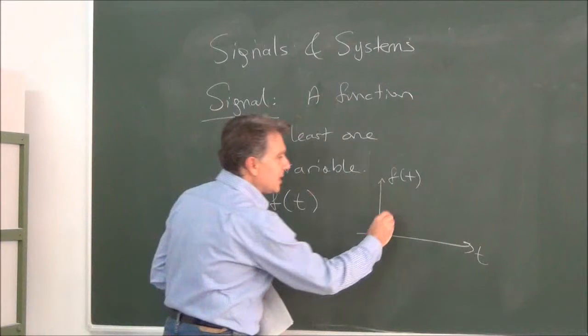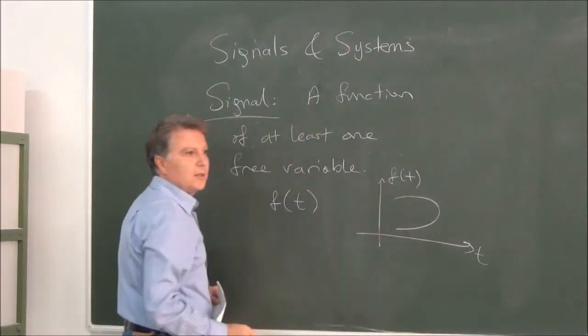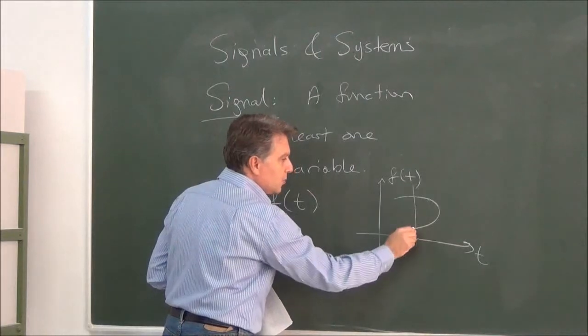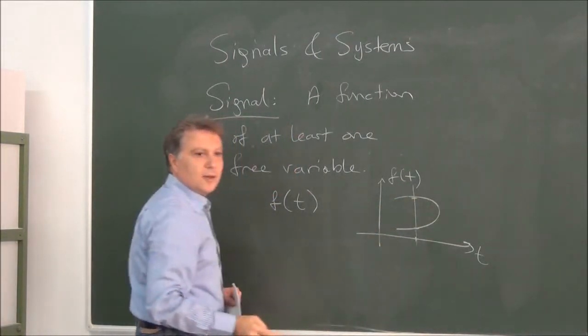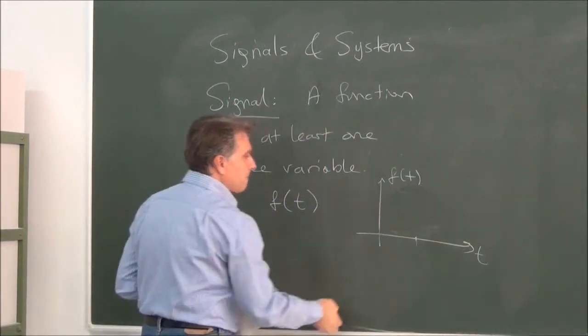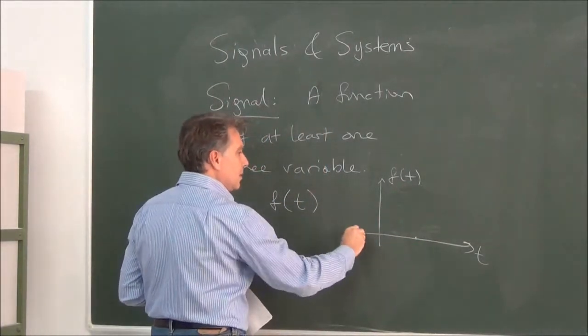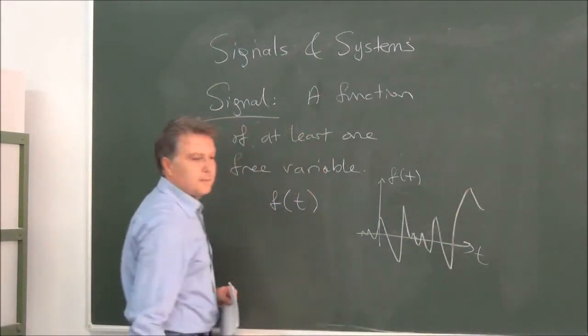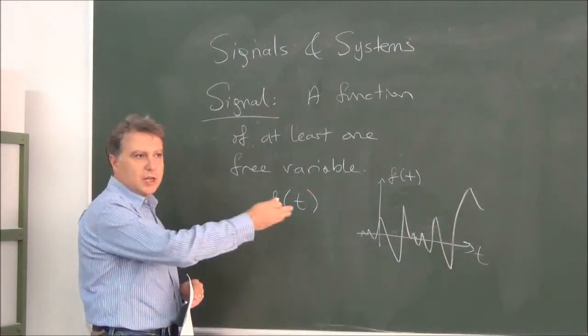For example, this is not a function because at a single time it has two outcomes, like this or that. That's not possible. A function is something like this. It changes in time.